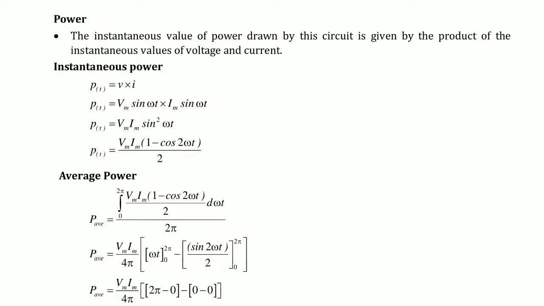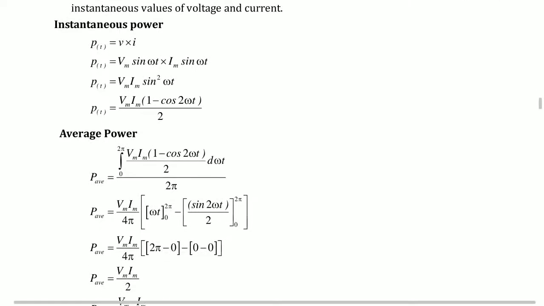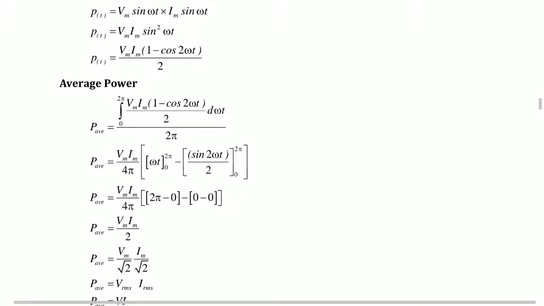So instantaneous power is Vm Im (1 minus cos 2 omega t) by 2. What we require is average power.